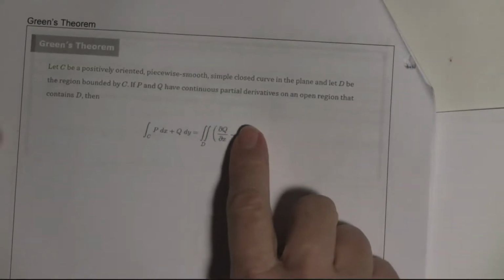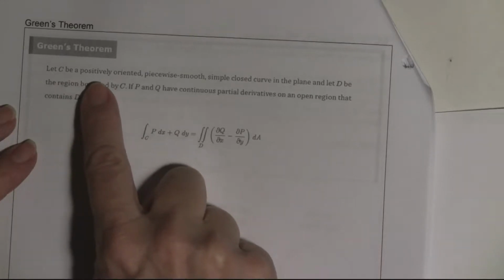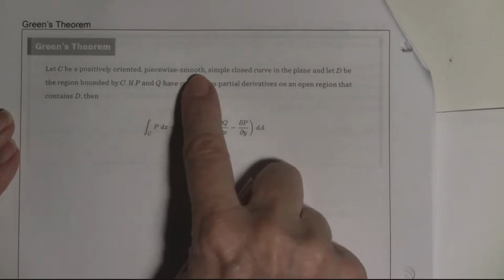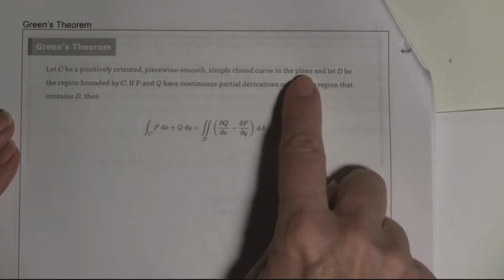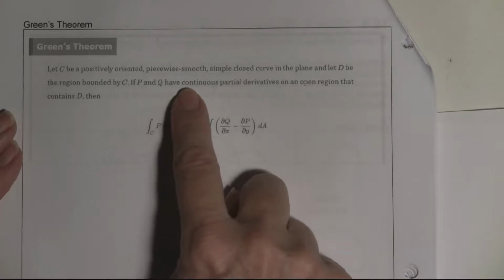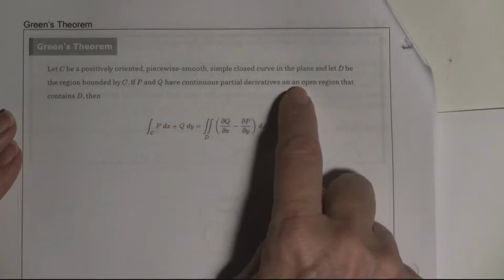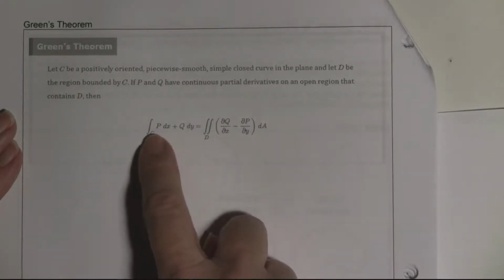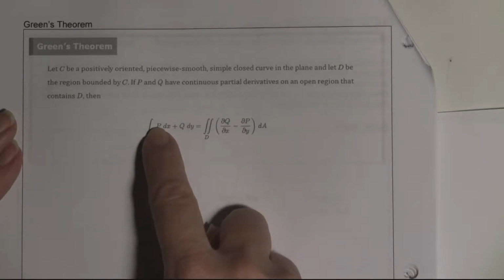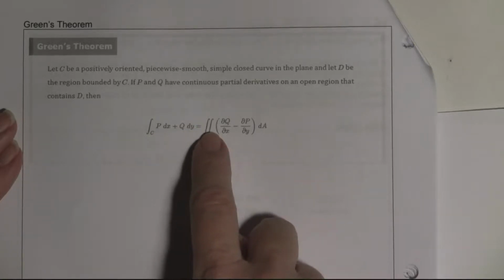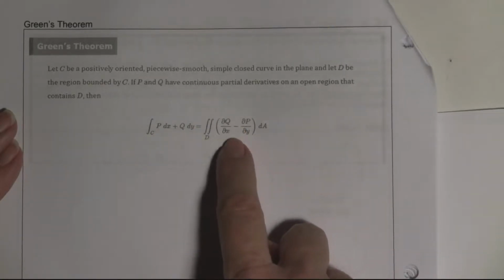And then this is Green's theorem here, and they say, let C be a positively oriented piecewise smooth, simple curve on a plane, and let D be a region bounded by C. If P and Q have continuous partial derivatives on an open region that contains D, then this integral here, where P will be in terms of x and y, and Q will be in terms of x and y possibly, is equal to a double integral, and you probably recognize those pieces.